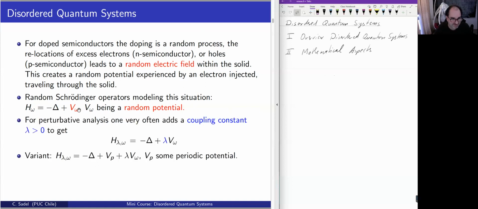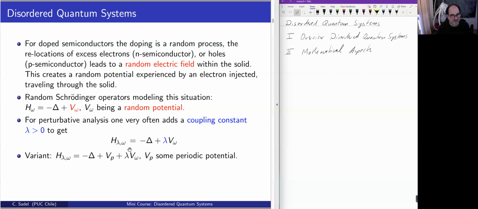And so you model this by random Schrödinger operators, where you have a random potential. Sometimes you do some perturbative analysis, and you will add a coupling constant, and that's often called lambda. And so you have this operator family H_lambda(omega), which is minus Laplacian plus lambda times a random potential V_omega. And omega denotes the element in the probability space on which these operators will depend.